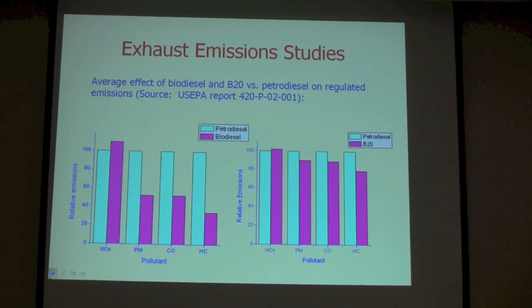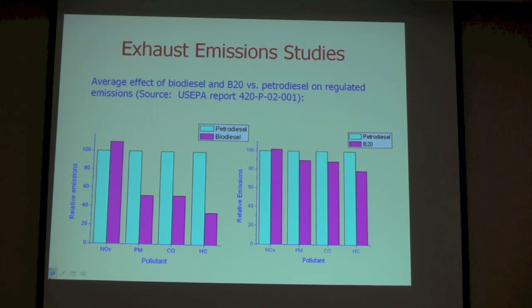If you look at neat biodiesel versus petroleum diesel, you see a little bit of the NOx penalty that biodiesel has, but it has advantages in terms of the other 3 regulated exhaust emissions, most notably in terms of the particulate matter.